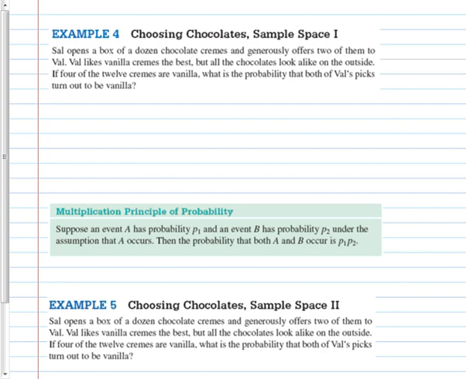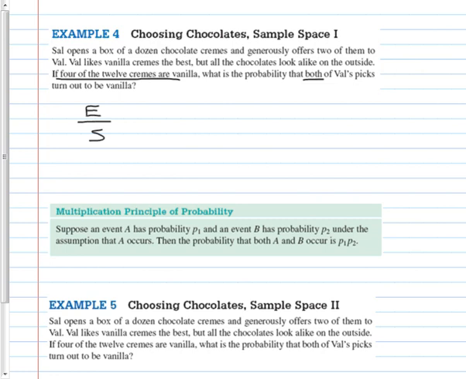All right. So what does Val like? Vanilla creams, but they all look alike on the outside. If 4 of the 12 are vanilla, what's the probability that both of Val's picks are going to be vanilla? I'm first going to think about how to get the total number of ways I get what I want, my event, and the total number of ways I might get an outcome, my sample space.